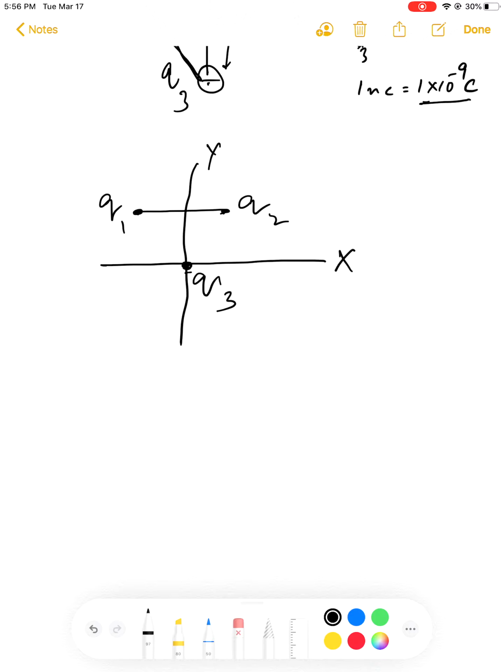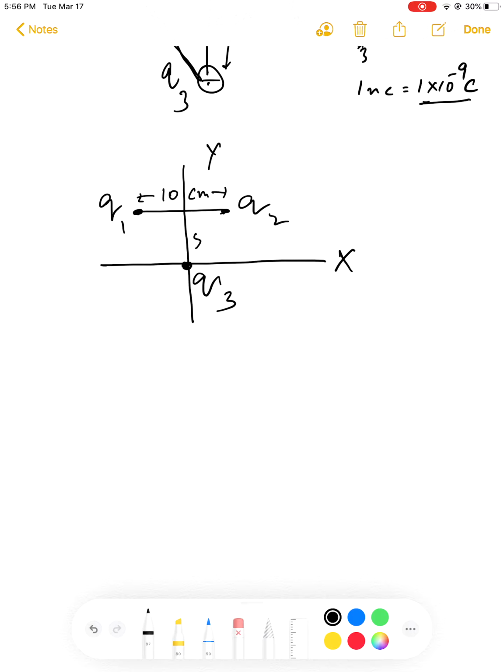I'm talking about the origin here. Please disregard this small notch. Here we have 5 centimeter for each of these arms, so together this whole thing is 10.